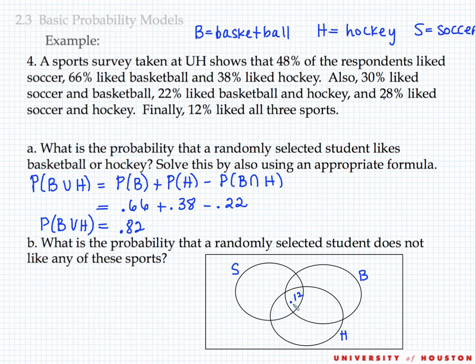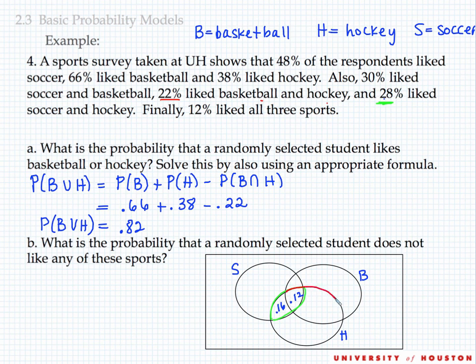And I've already got a 12% there. I need that total overlap for soccer and hockey. In fact, here, let's draw it right here so you can see. Here's the soccer and hockey right here. This total has to be 28%. I already have 12%. So 28 is equal to 16% plus 12%. Now I have a total of 28 overlapping the soccer and hockey. Okay, we have 22% that like basketball and hockey.